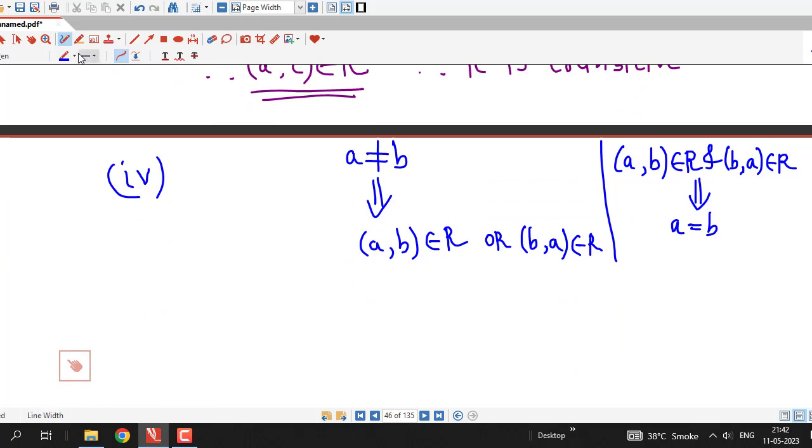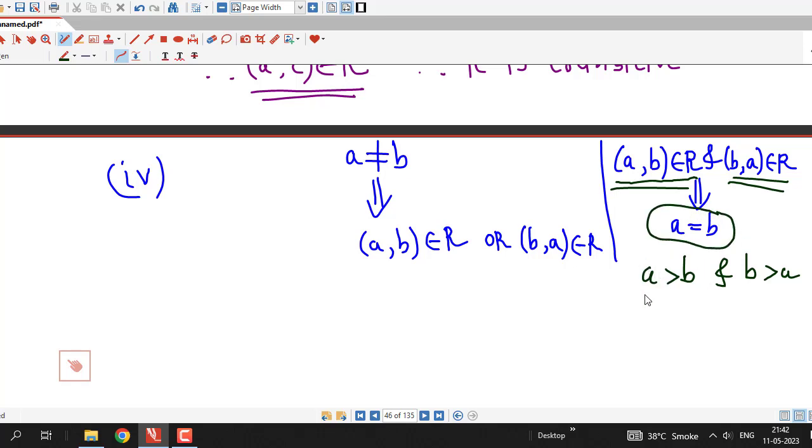Now suppose we are interested in using this definition, then we first have to check whether this is possible or not. (a, b) belongs to R, that is a is greater than b, and (b, a) belongs to R means b is greater than a. The definition is that whenever (a, b) belongs to R and (b, a) belongs to R, then we have to prove that a equal to b.